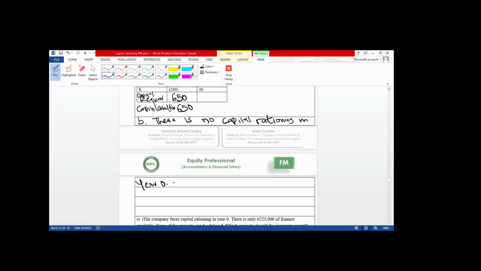This is because capital needed, capital available in brackets 650,000, is equal to capital required.